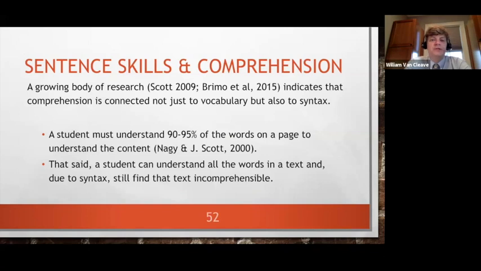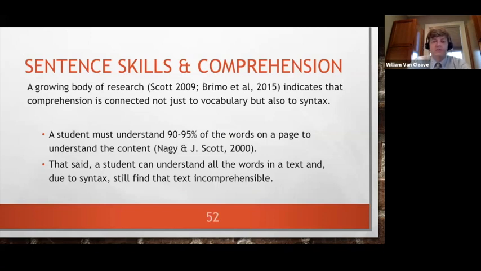Okay. So Scott, who I mentioned, has done some more recent stuff too in 2014. I think she's retired now. But here's the deal. A student must understand 90 to 95% of the words on a page to understand the content. That said, a student can understand all the words in a text and, due to syntax, still find that text completely incomprehensible.